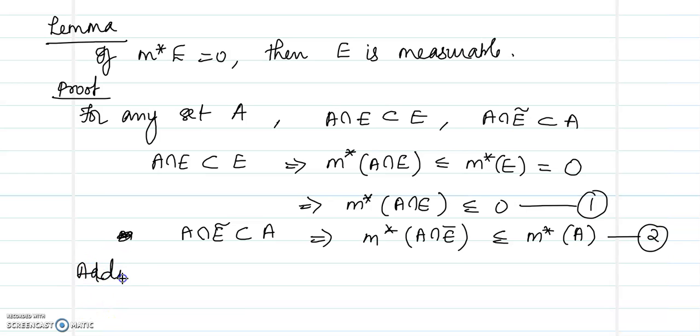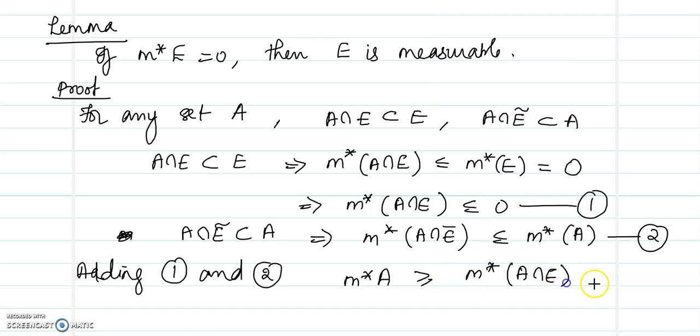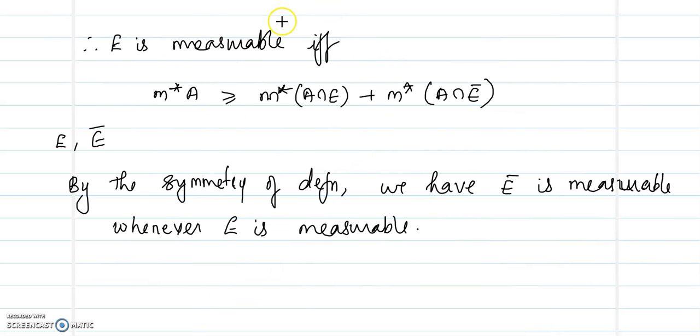Now let us add 1 and 2. Upon adding 1 and 2, we get m star of A greater than or equal to m star of A intersection E plus m star of A intersection E complement. This was the condition for a set to be measurable. We saw a condition with greater than earlier, so for a measurable set there are two conditions.